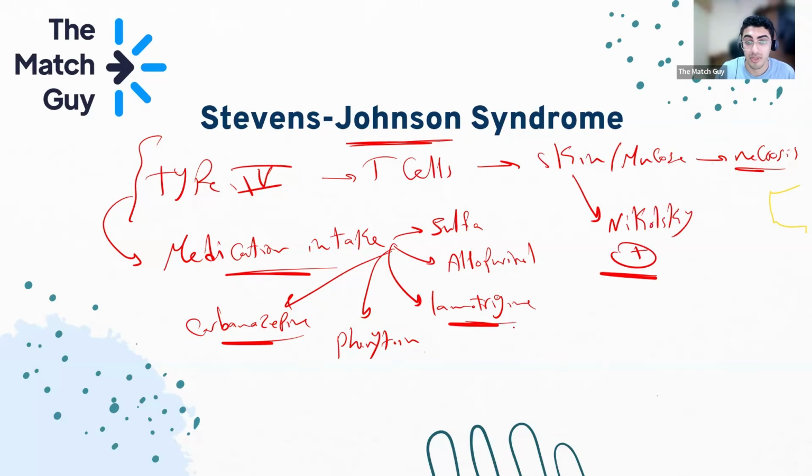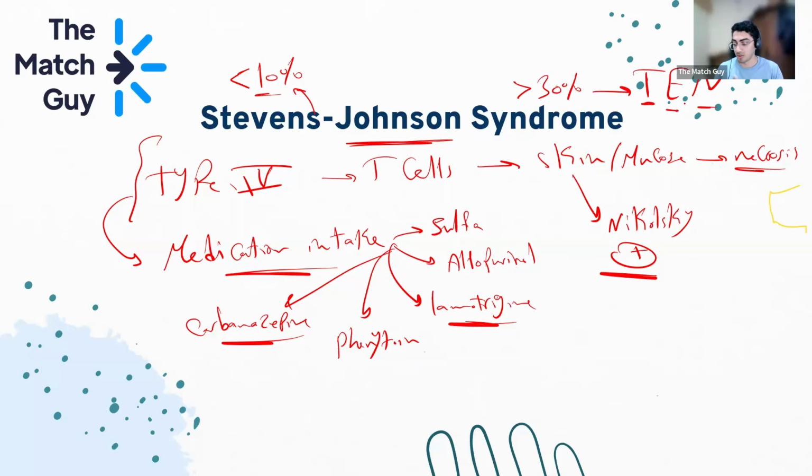Nice. So guys, if the skin involvement is less than 10% of the surface area, we call this Stevens-Johnson syndrome. Okay, but if it is more than 30%, we call this toxic epidermal necrolysis.